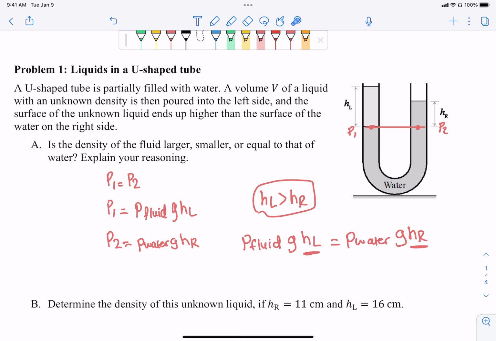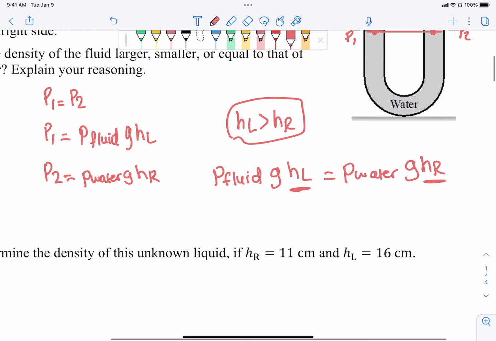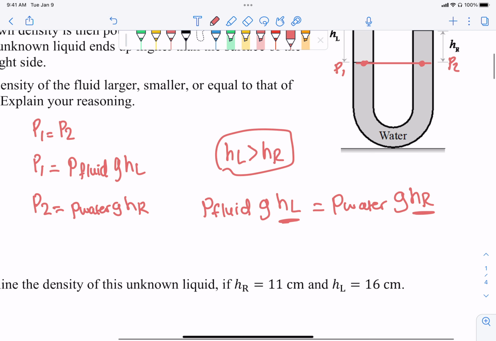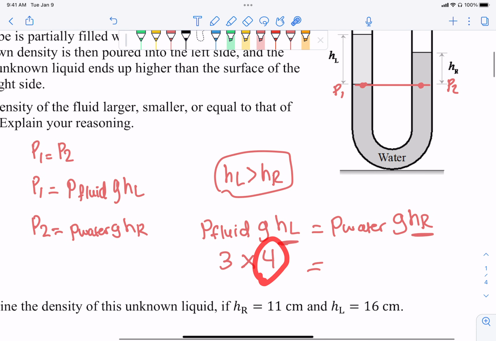Does that make sense? If you want to think about it, let's say this was, for example, 3 times 4. 3 times 4 is 12. We want this also to be equal to 12. So I know that the height here is, let's say, 4 centimeters or whatever, and this has to be greater than HR.